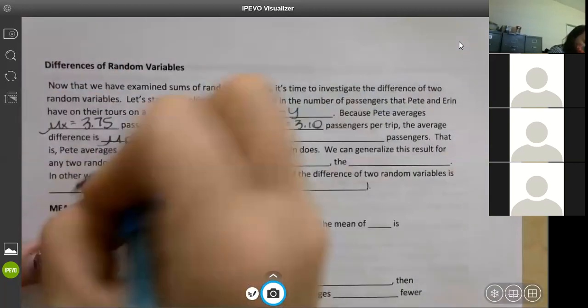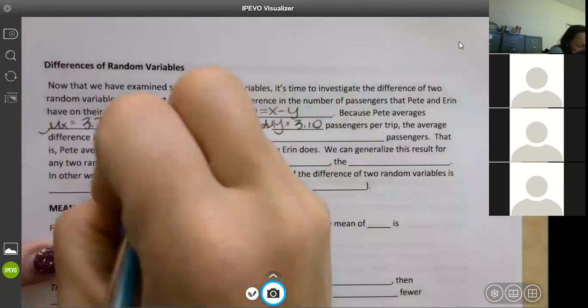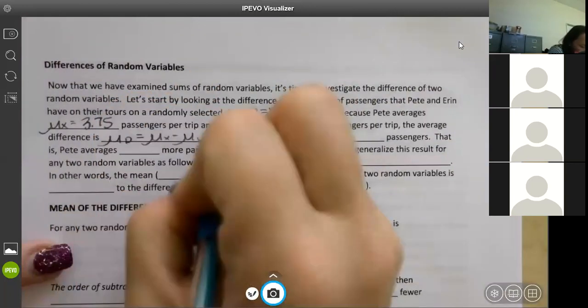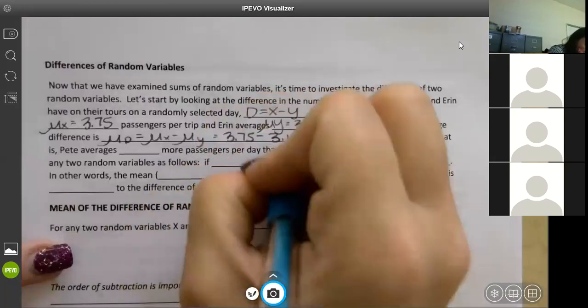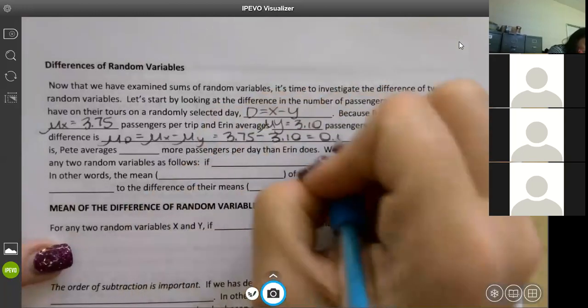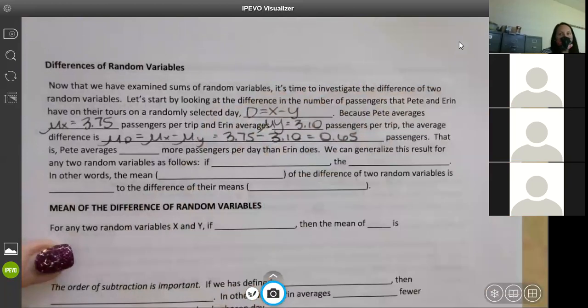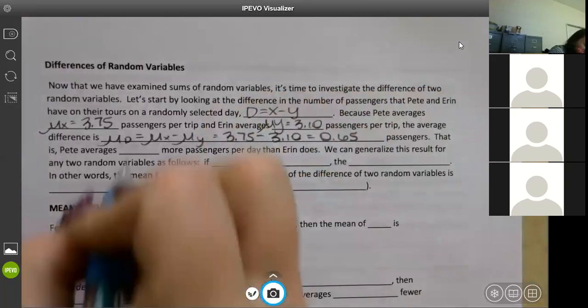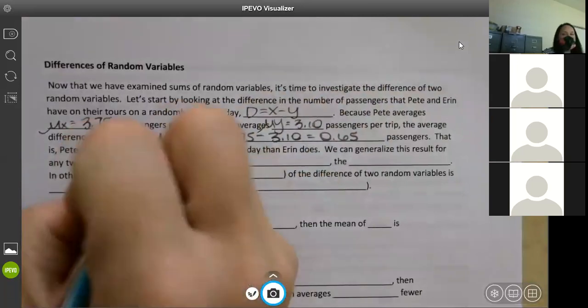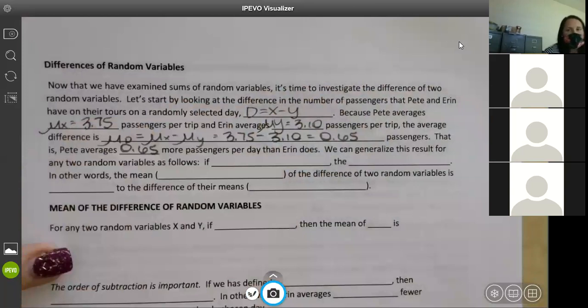Mu of the difference is mu of x minus mu of y, which is 375 minus 310, which gives you 65 passengers. So what does that mean? Pete averages 65 more passengers per day than Aaron does.